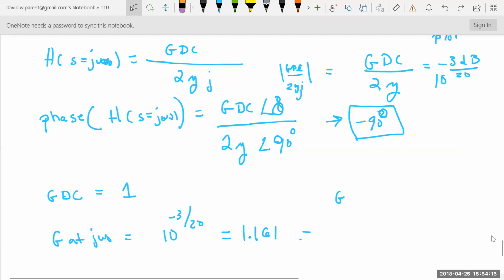I don't know what I was thinking. So the minus 3 dB point is actually the half point, right?